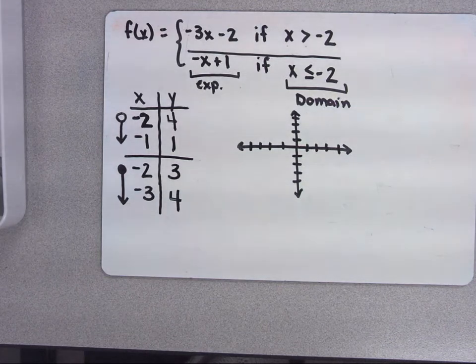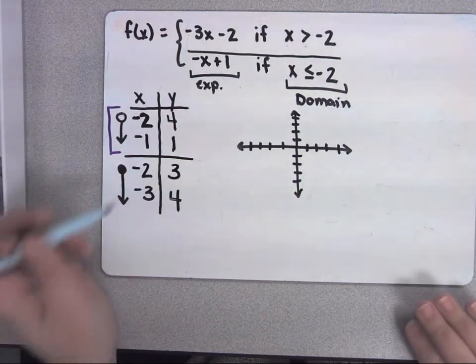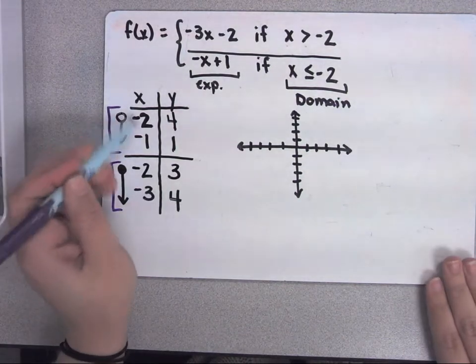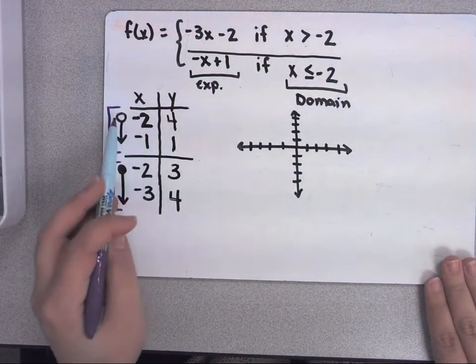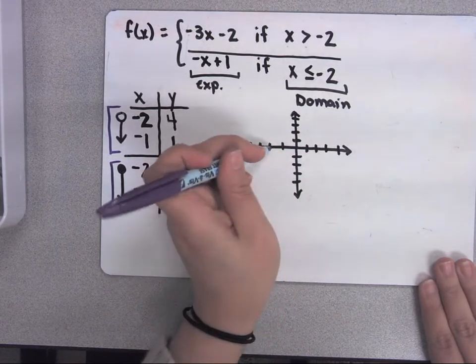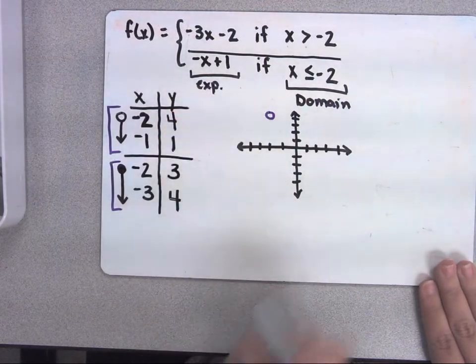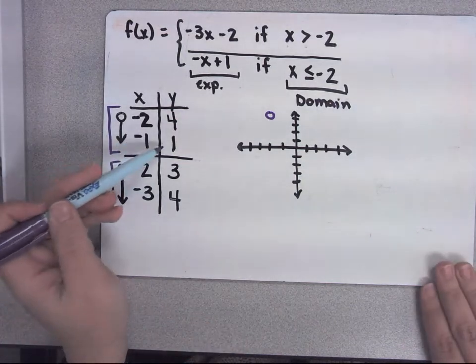Okay. When you graph them, always just do this group together, make sure it looks fine, and then this group together. So this guy, always plot the circled part first. So -2, 4, you're going to plot an open circle on it. Now again, this one could have been anything we want.